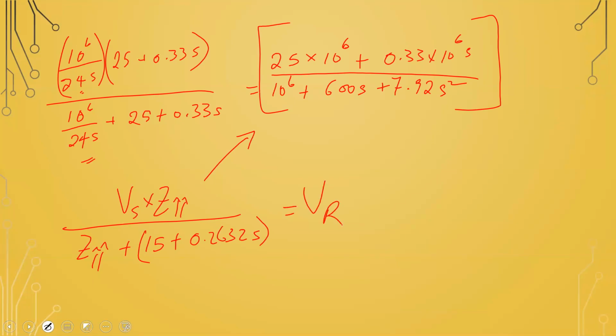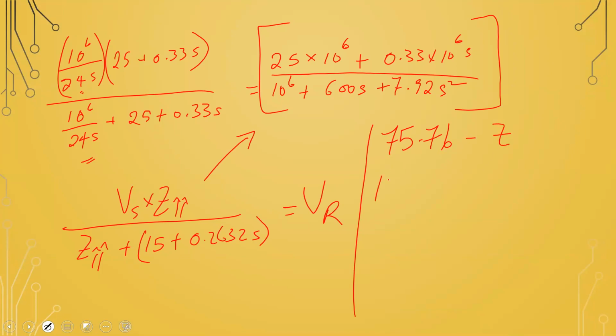Simplify this for VR and check the answers again. All right, so just note the answers. 75.76, and that was for the zeros.